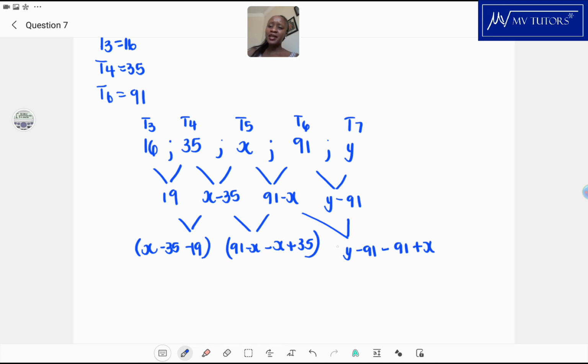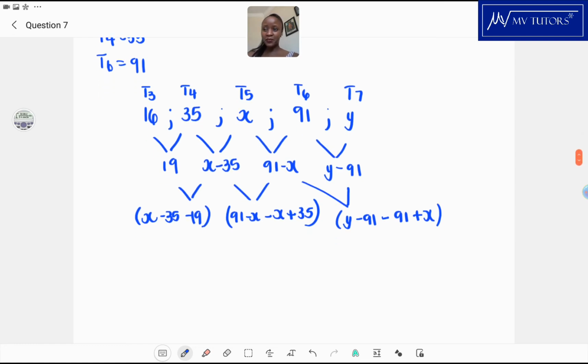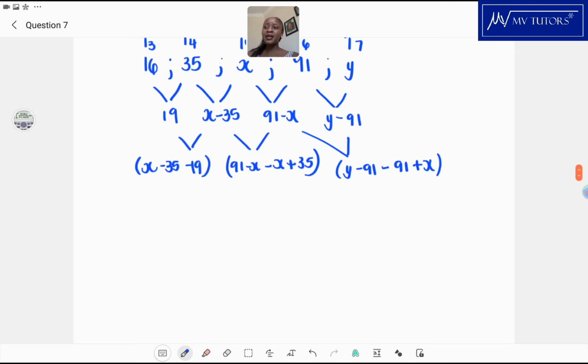Once you get here, remember the second difference is the same. I can equate these ones. I'm going to equate those with only one variable, one unknown.